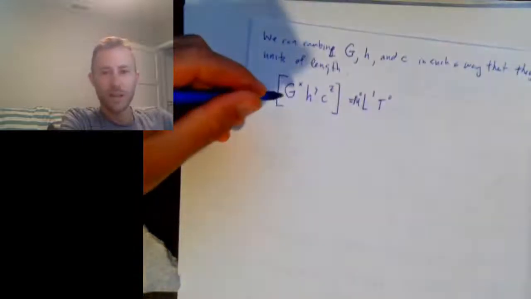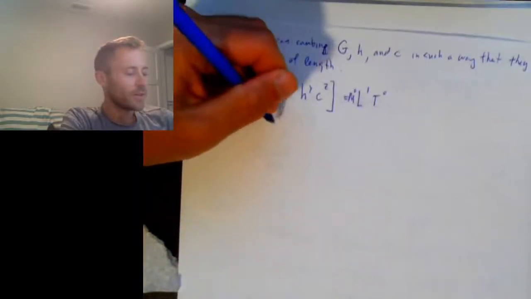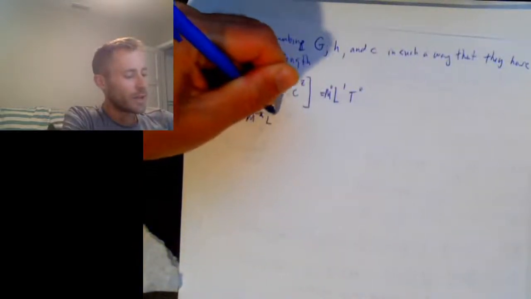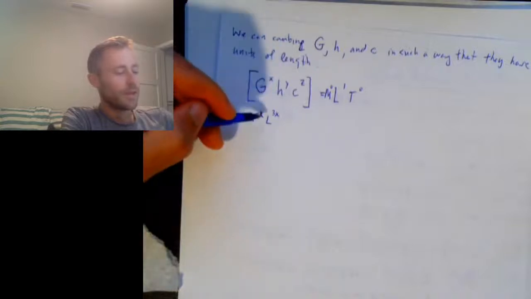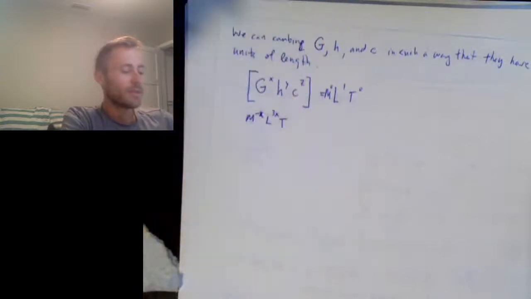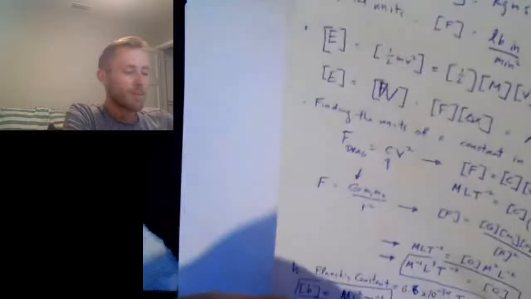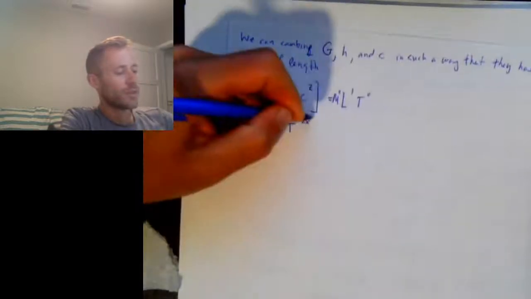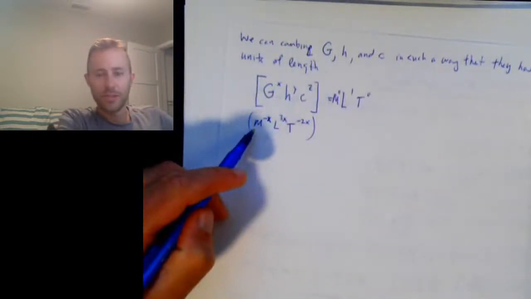So that means that the units of G to the X power are going to be M to the negative X, L to the 3X, and T to the negative 2X. Okay, so those are the fundamental units of G to the X.